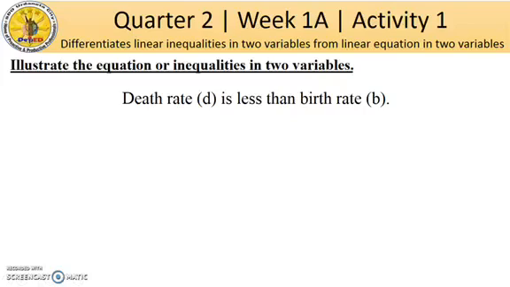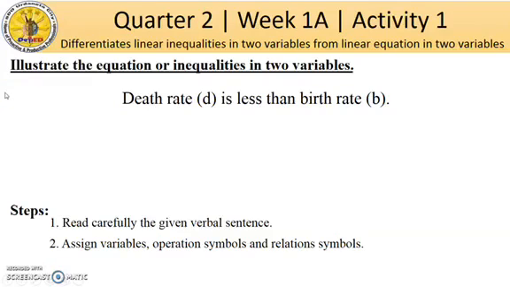Now, our last example, death rate is less than birth rate. Next, we will assign variables. So, for death rate, we will assign D, is less than, and we know that this is the symbol for less than.